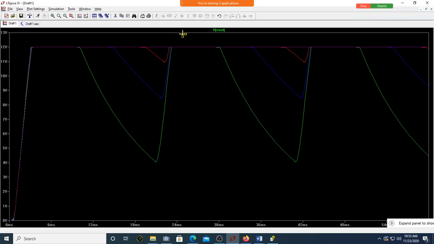Can you see what's happening? The output voltage was supposed to be constant, no? But you can see it's going down here, going down here, going down here.